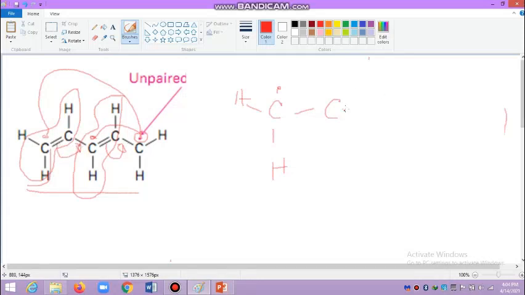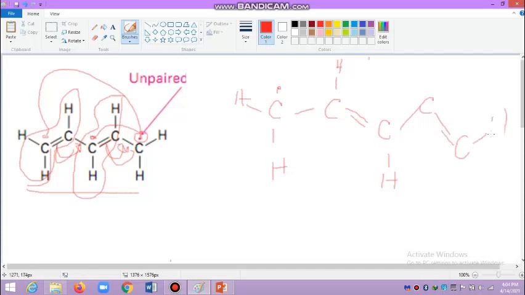Now C double bond, the H here, C, H. Then as I transfer the double bond here, I will also transfer the double bond on this carbon.